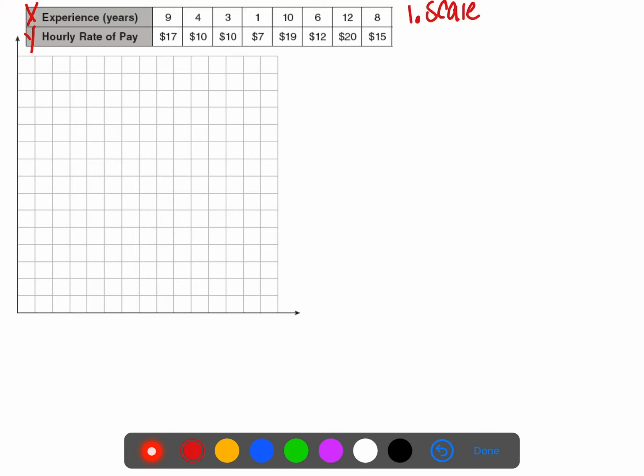I have enough to go by ones, and it's a small enough number that I could go by ones. If it was a larger range, let's say from 1 to 30, I clearly don't have enough spaces for that, and I really wouldn't feel like going by ones, so maybe I would go by twos in that case. But you have to determine what your scale is going to be.